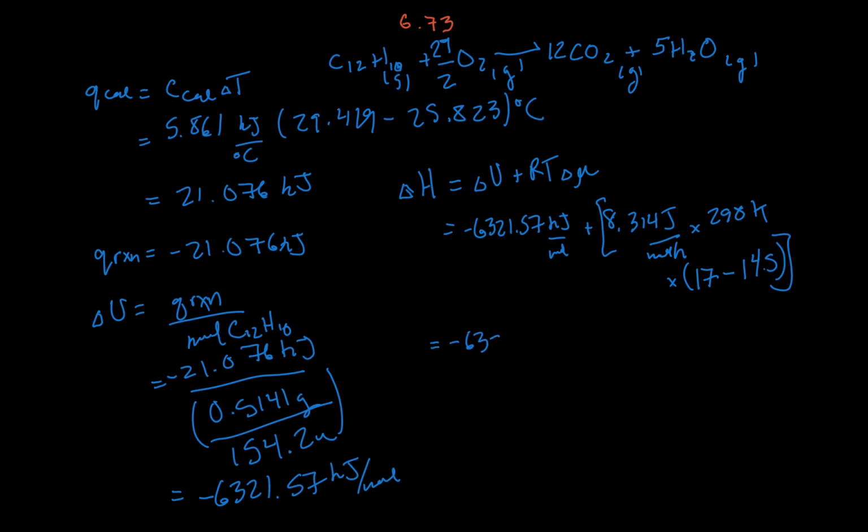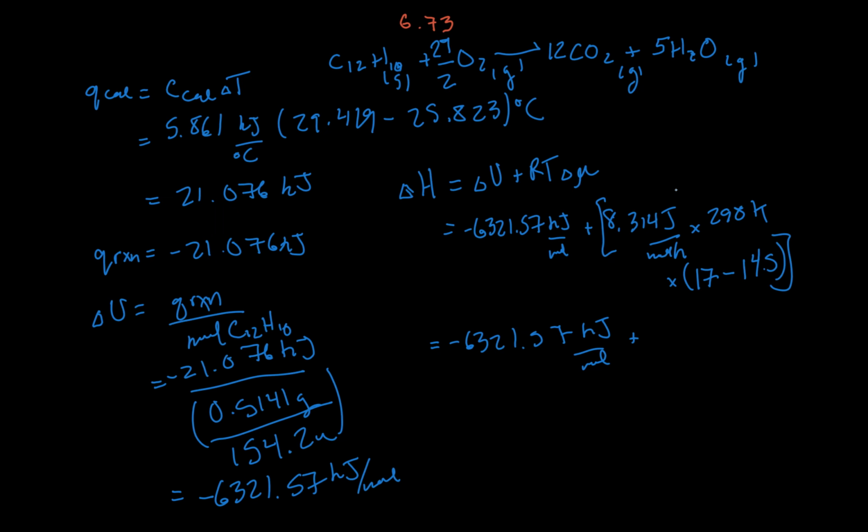So negative 6321.57 kilojoules per mole. We have to do some conversions here because our R value is in joules and not kilojoules. All right, so I'm just going to change that quick.